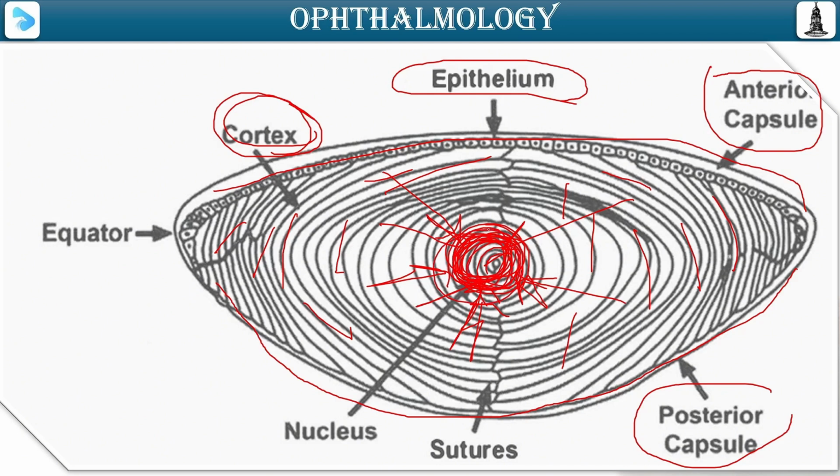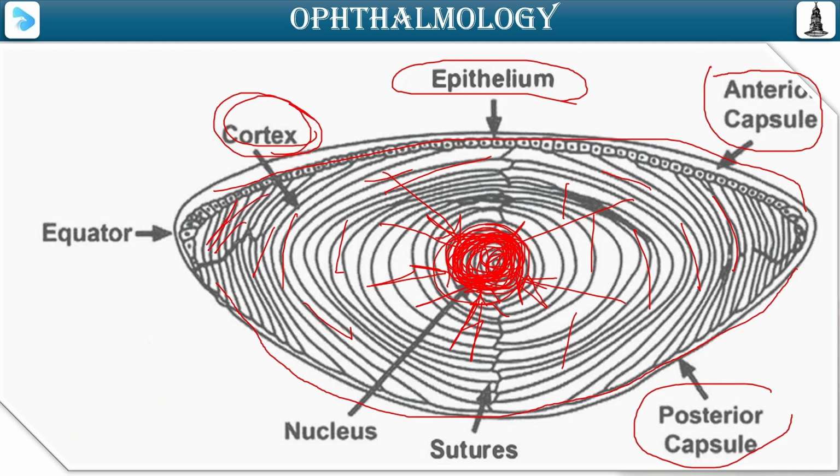Okay, so with age, this process happens again. We will see that there's a differentiation between the fibers or the proteins here in the nucleus and the cortex. Why? Because the fibers or proteins at the nucleus will be hardening and sclerotic.